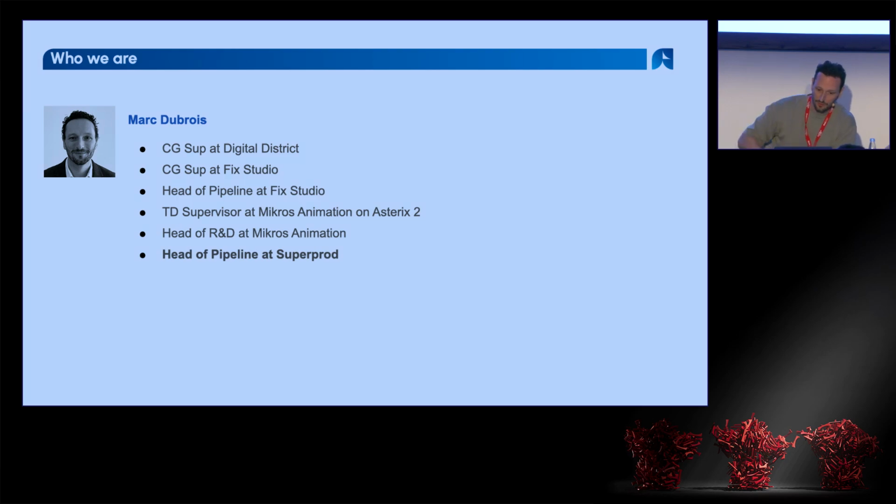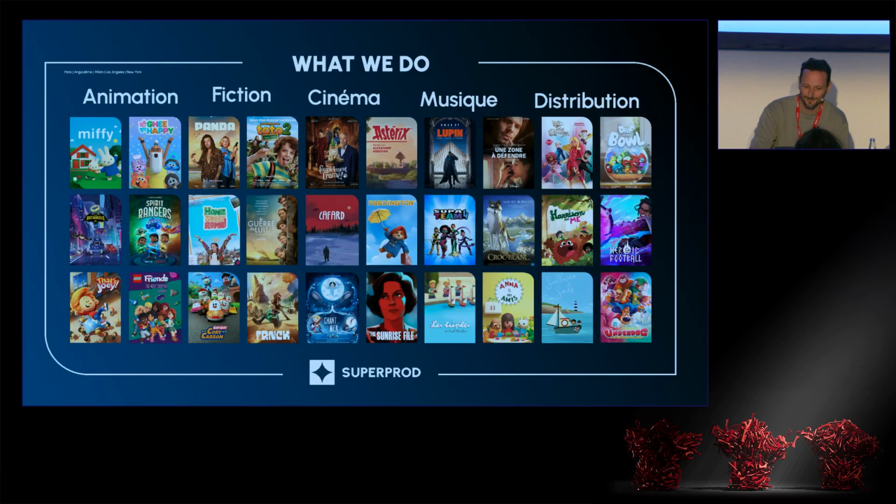I'm Marc. I'm the head of pipeline at Superprod. I was previously head of R&D at Micros Animation, and in a previous life, I was a CG Sup also. Superprod is a group covering production and distribution of animation and live action programs for cinema and television around the world.